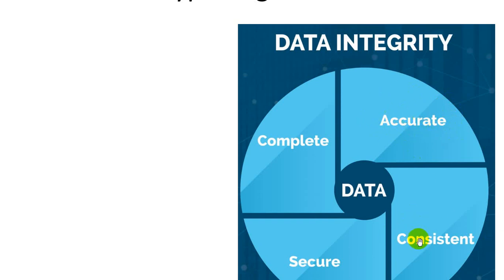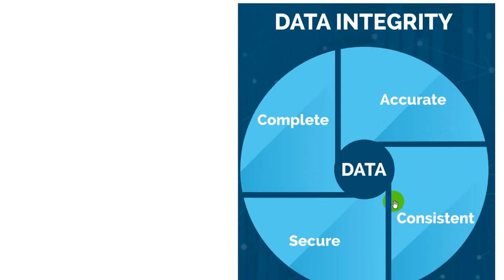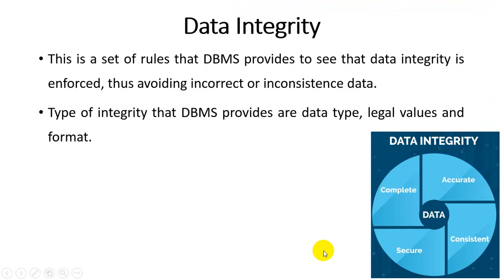Consistent means whenever a user enters data, it is relevant with all the other information, like permanent address, temporary address and primary address. All of it must be relevant with each other. And secure means if a user stores data, we must provide security for his or her personal information.